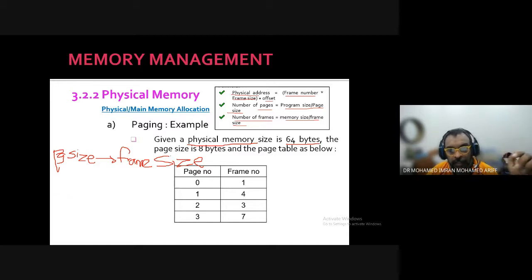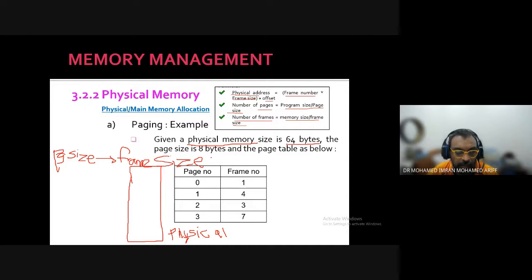So it says here memory size is 64 bytes. So kalau kita lukis, so this we are drawing the physical. So this is the physical. Okay. So page size dia 8.